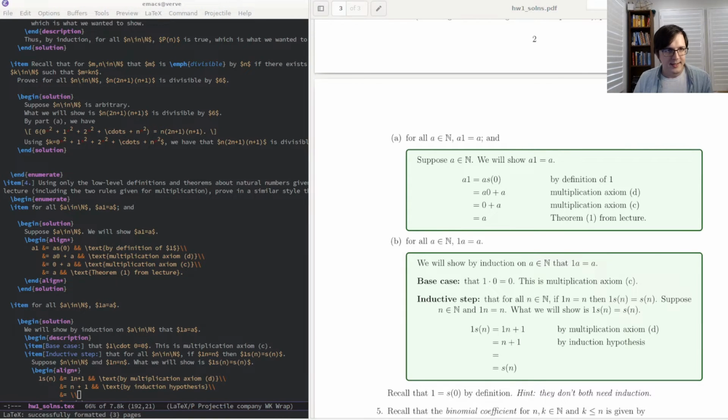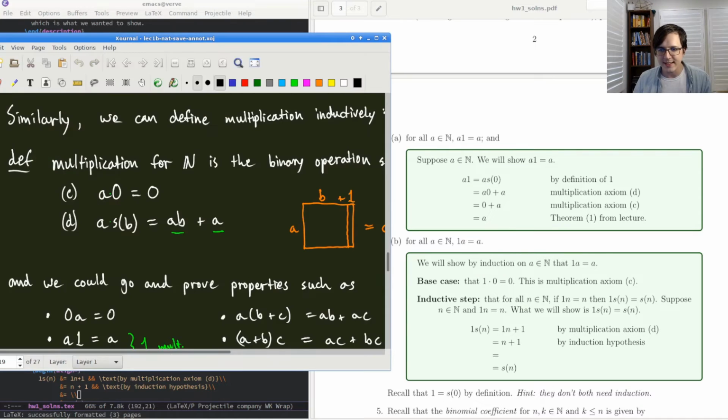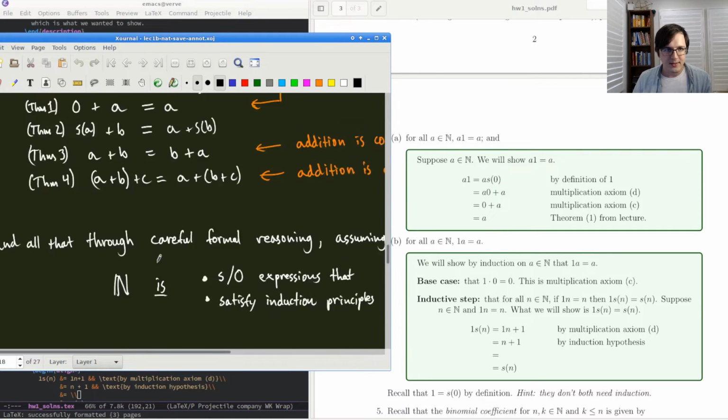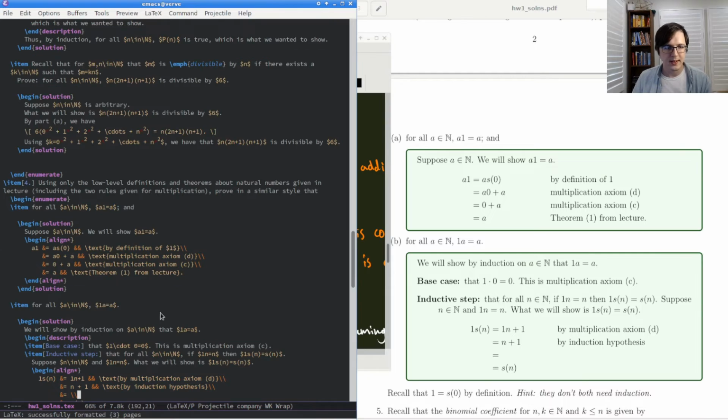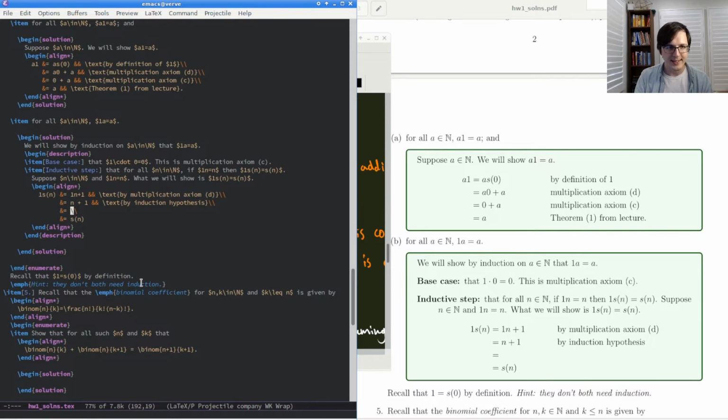We're almost there. All we need to do now is connect n plus 1 up to S of n. And that's true by definition of add, I believe. But first, to use that, let's write 1 as S of 0. We're not going to leave any step out.